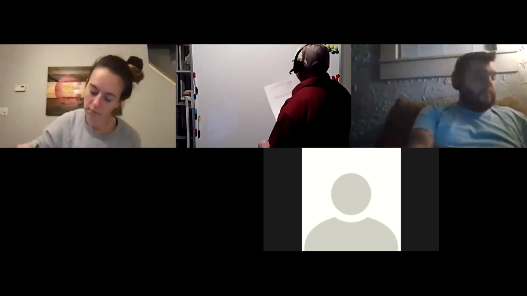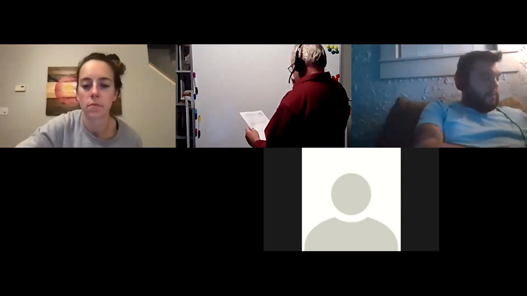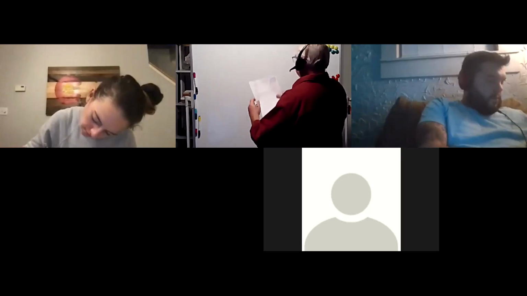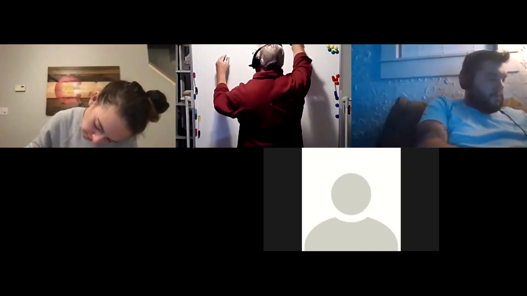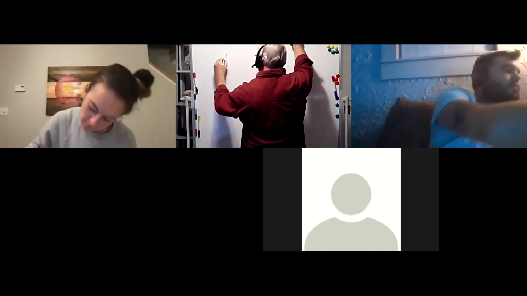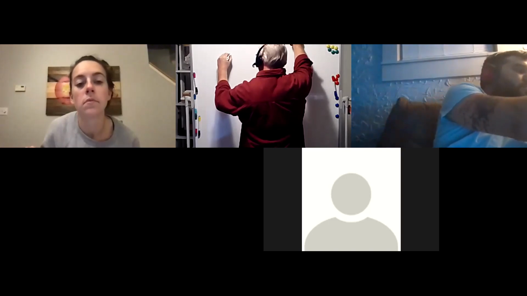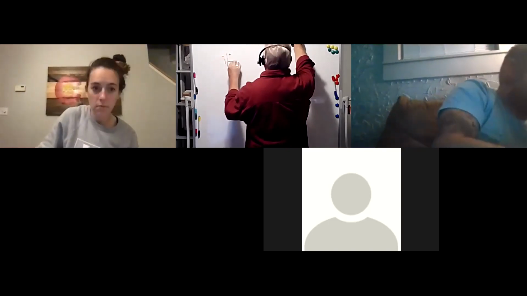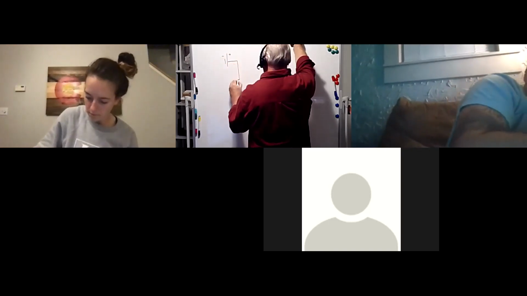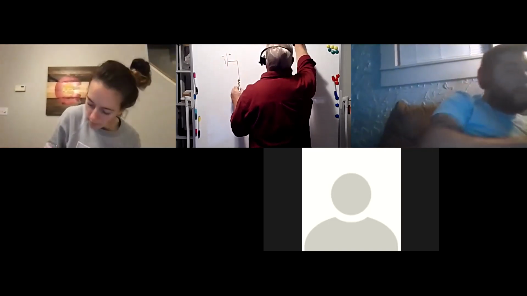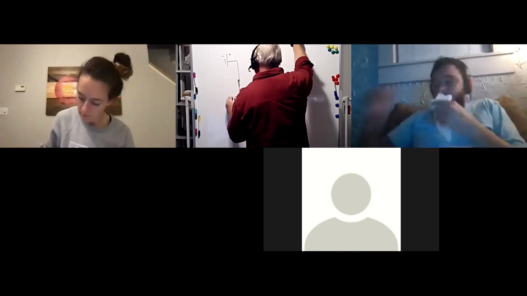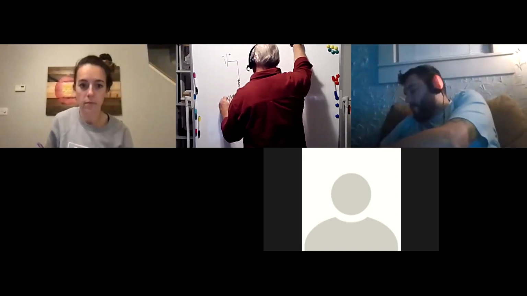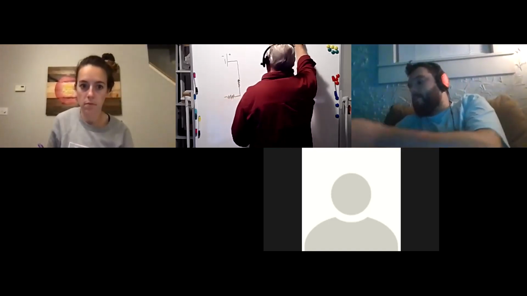Okay. And this is number 20. And we have a circuit. So here's what the circuit looks like. I'll try and draw it larger so you can see it. But I don't want to take up too much space because I'm going to need quite a bit of this whiteboard in order to finish it.